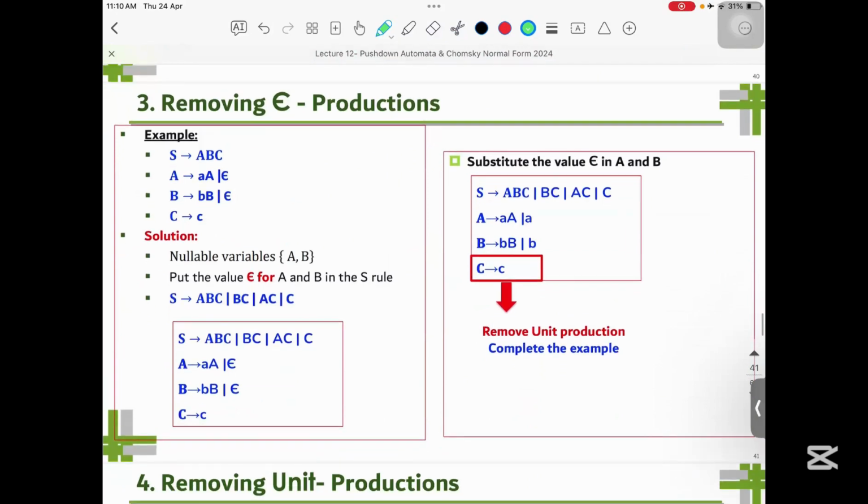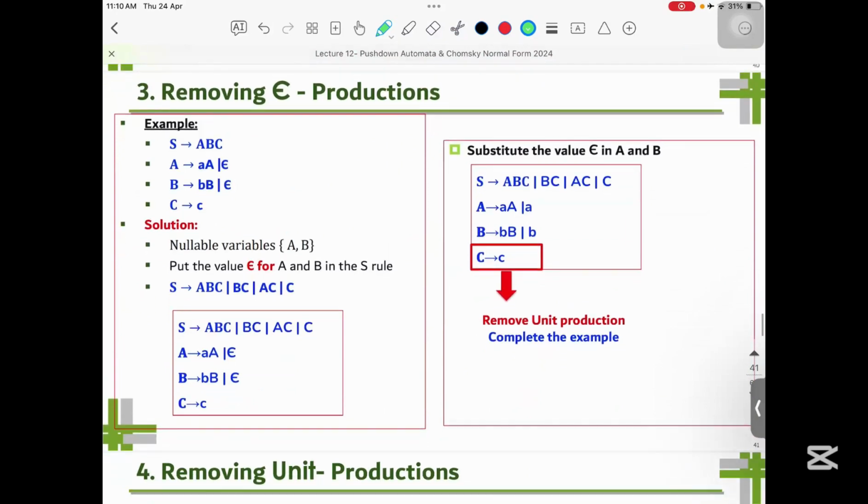Removing nullable production. In this case, as these nullable productions do not belong to the start, you can do those substitutions and then remove them. So look, I have A, B, and C. If I need to remove this one and this one, what I can do is, if A is null, I am left with BC.